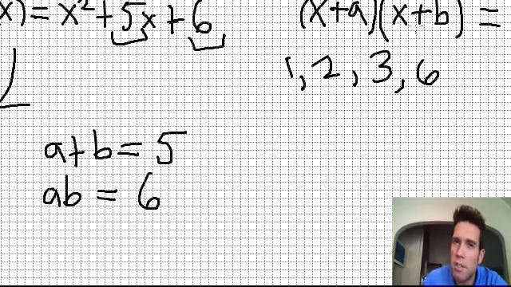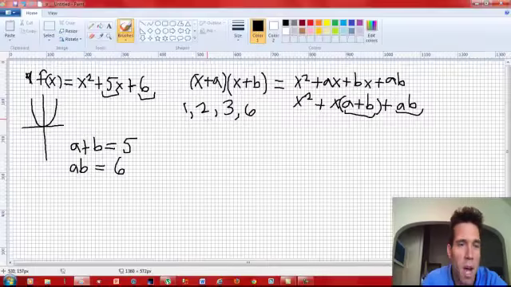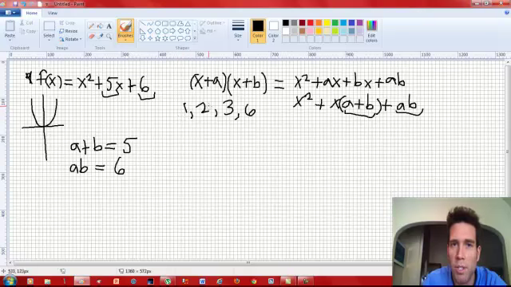So, using these terms, two of them have to add up to 5. Let's say we use 1 and 2. Well, a plus b equals 5, and 1 plus 2 does not equal 5. So these two terms together would not work. How about 2 and 3? 2 plus 3 equals 5, and 2 times 3 equals 6, so we're good.